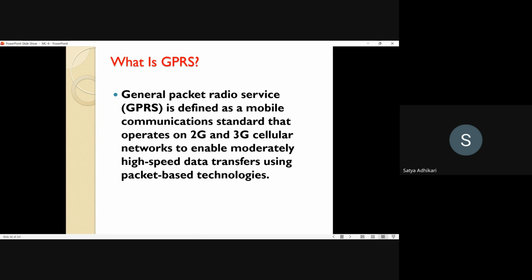Compared to GSM, GSM is slower than GPRS, so it provides moderately high speed data using packet based technology.